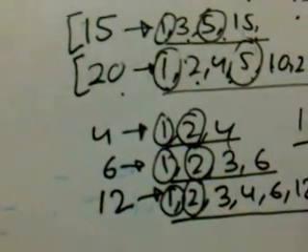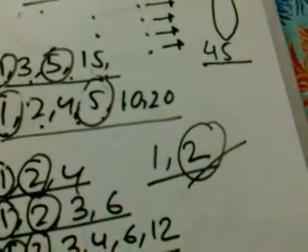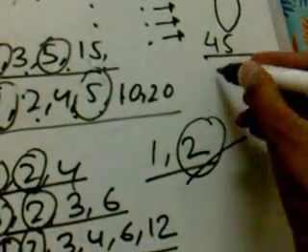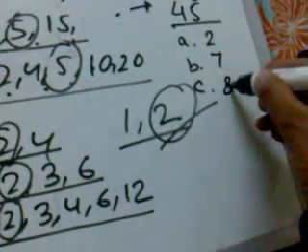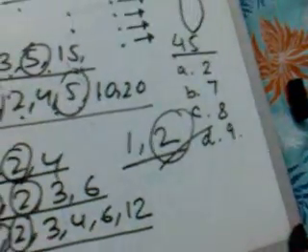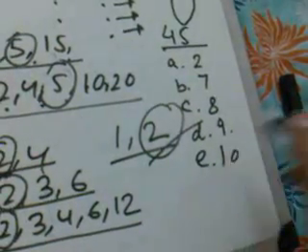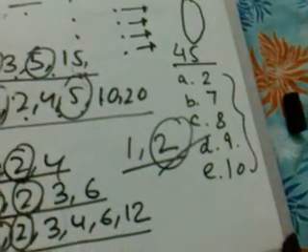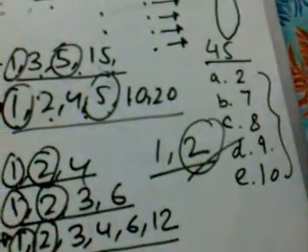Like you have a given number 45, and given all the numbers, which one is a factor of 45? But don't worry, you are not going to get a question this easy. I'm just giving an example. Like A is 2, B is 7, C is 8, D is 9. In the examination you will get 5 options, so E is 10. Of these 5 numbers, which one is a factor of 45? You can easily say which one it is.